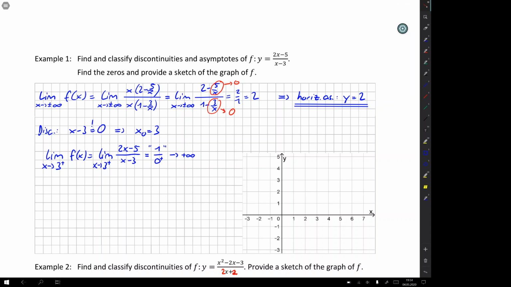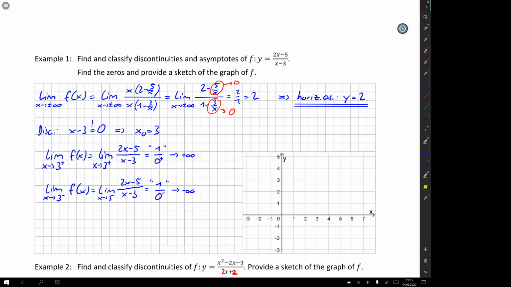Now we have to look also at the limit x going towards 3 from below, and again the numerator is still 1 when we insert 3, and when we insert for the x something a little bit smaller than 3, when we subtract 3 from it we get something a little bit smaller than 0, so we get 0 minus, so 1 divided by 0 minus means the limit diverges to minus infinity.